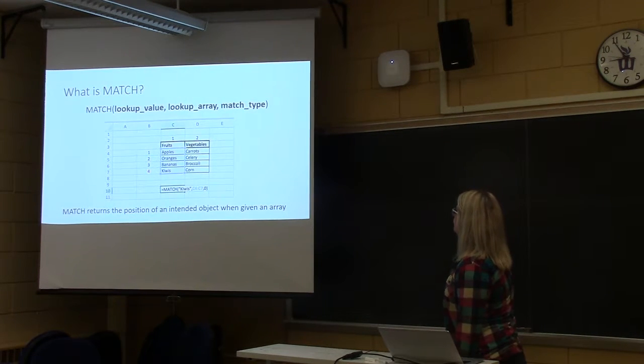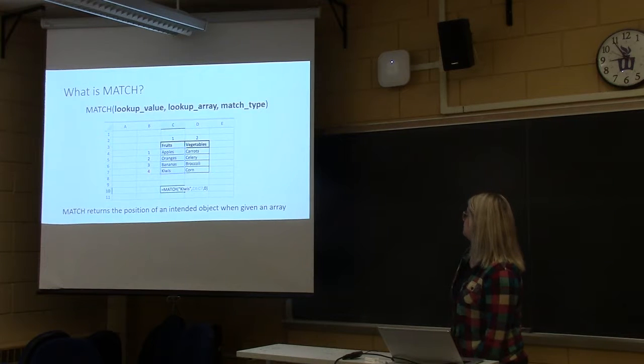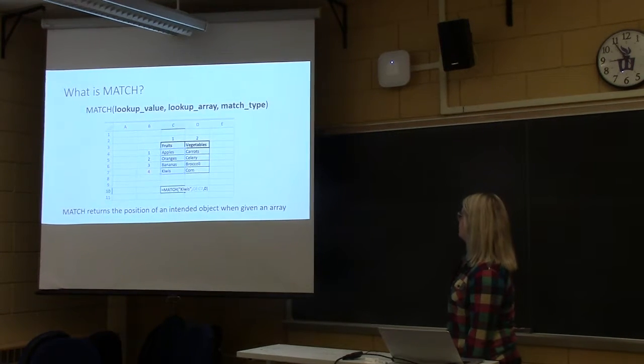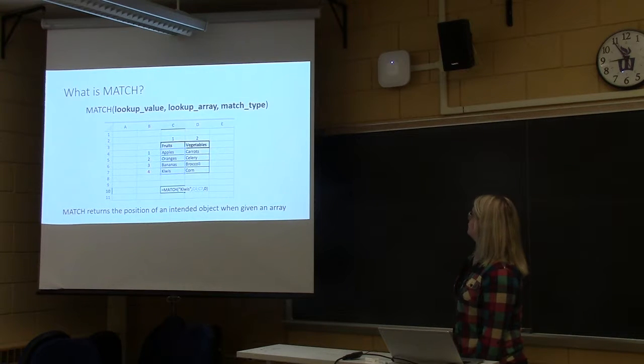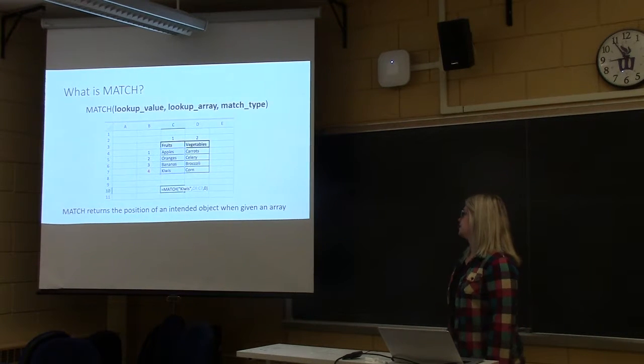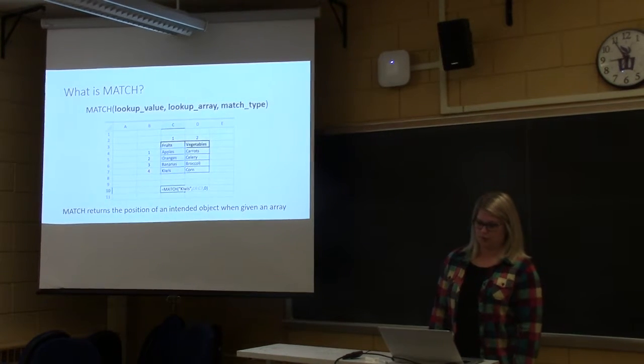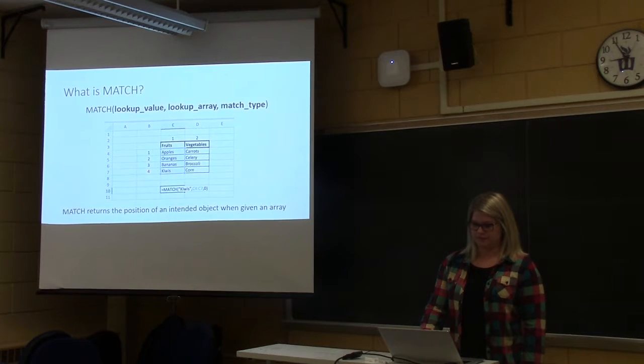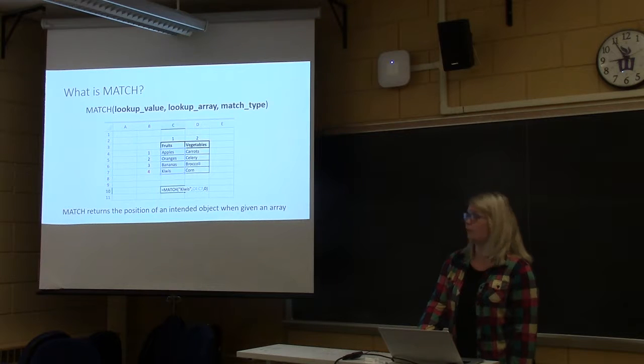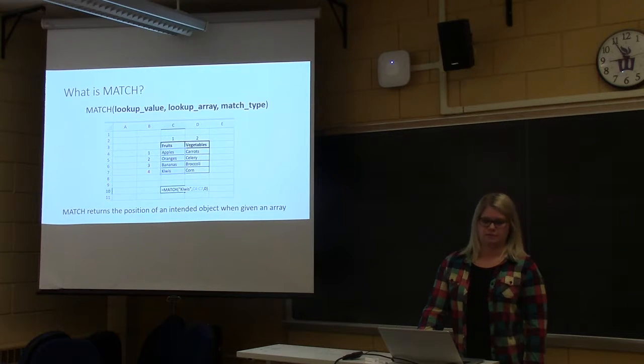In this cheesy little example, we're looking for kiwis, so our lookup value is kiwis, and our lookup array is all those fruits in the blue box. Your match type would be 0 because you want it to be exact to kiwis. And so it will return number 4, which is the position of kiwis.